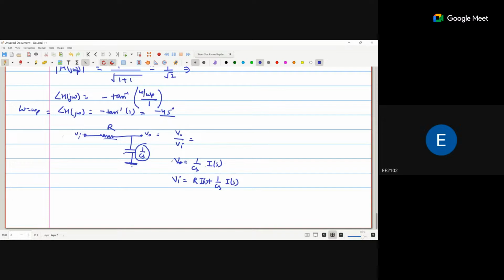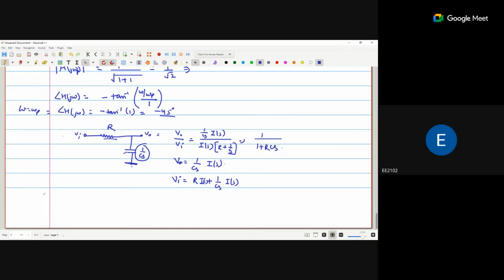If I put these Vo and Vi values, 1 upon Cs I(s) upon I(s), I take it common, so it is R plus 1 by Cs. Or we can say that 1 upon 1 plus RCs.